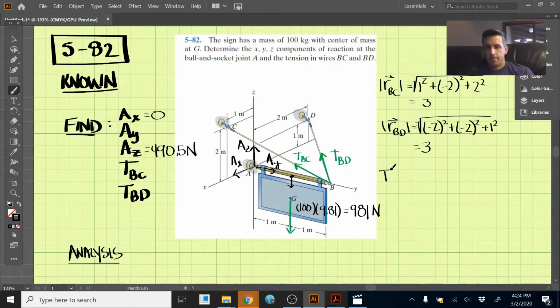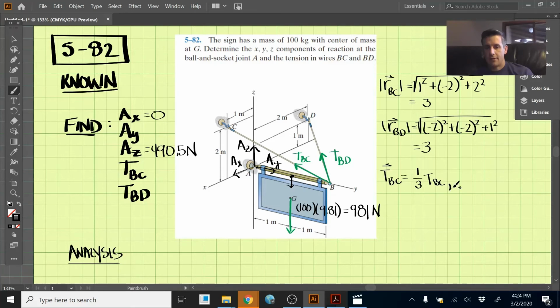So vector TBC, tension in BC, in the x direction, remember moving from B to C in the x direction is 1. So that is 1, but we must divide that by the total length, which is 3, TBC.